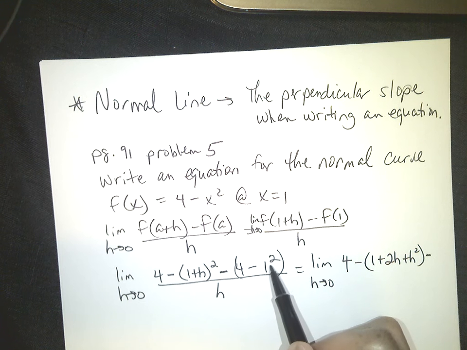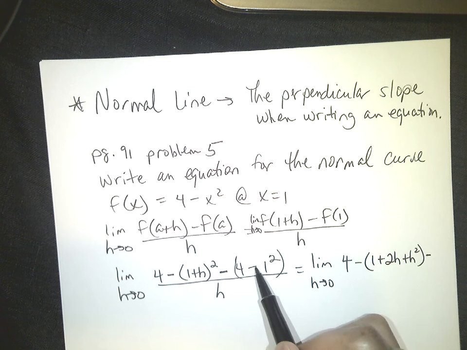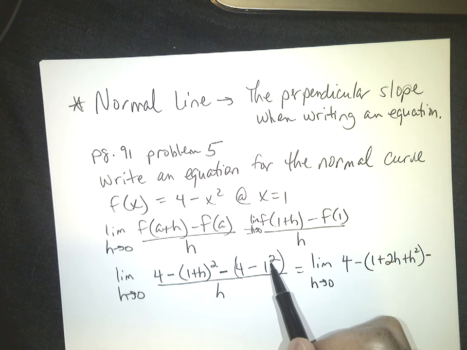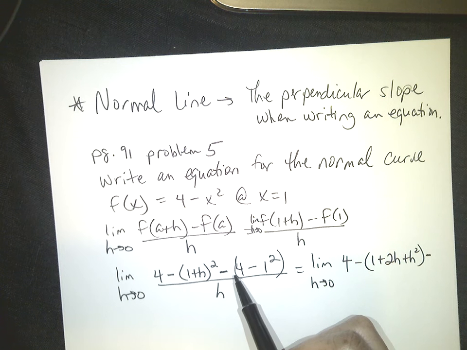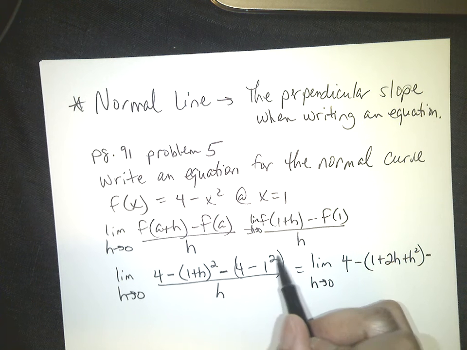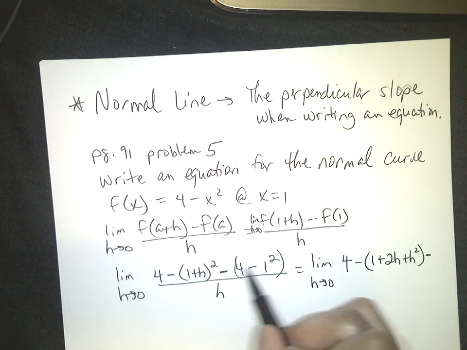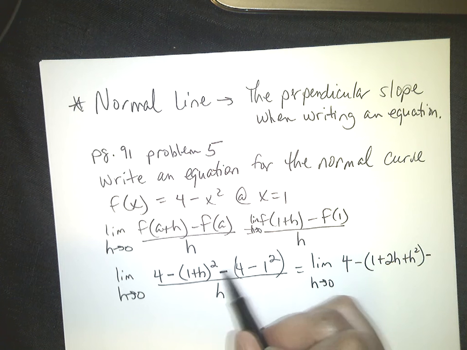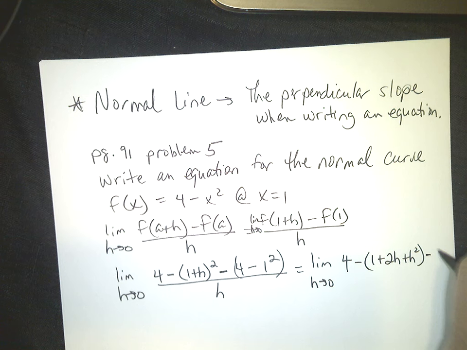Well, 1 squared is 1. 4 minus 1 is 3. But you have to take the opposite, so this would be minus 3, all over h.